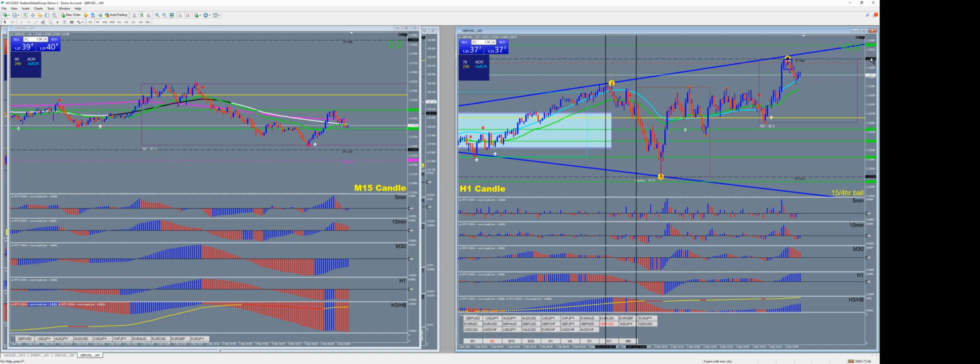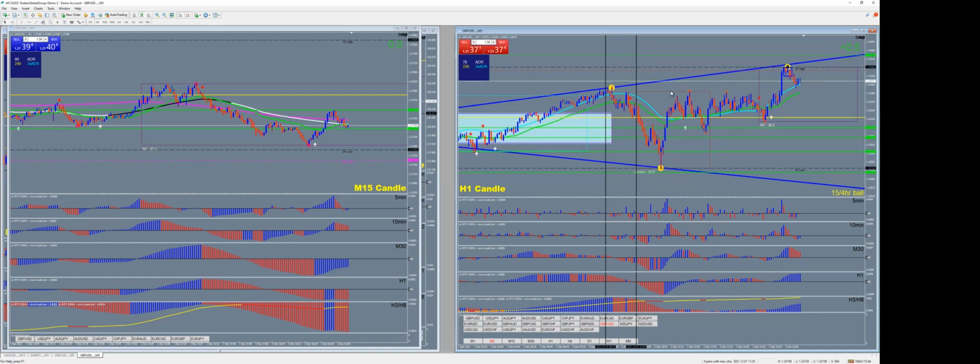You've got a little flag going on in the pound dollar. They're fighting it out again. What is the low on that thingy, Santiago? On that bar? This one?